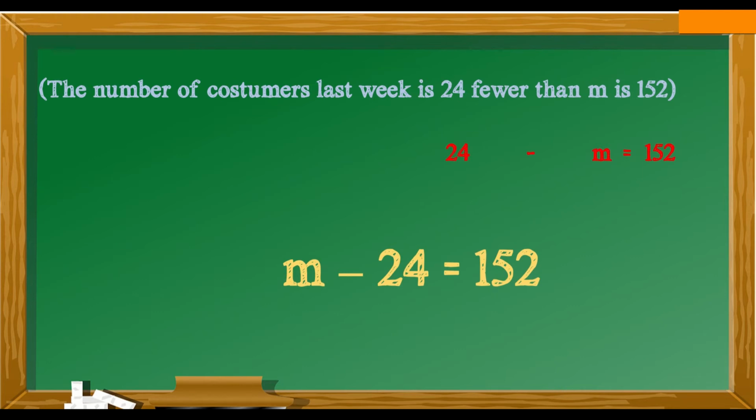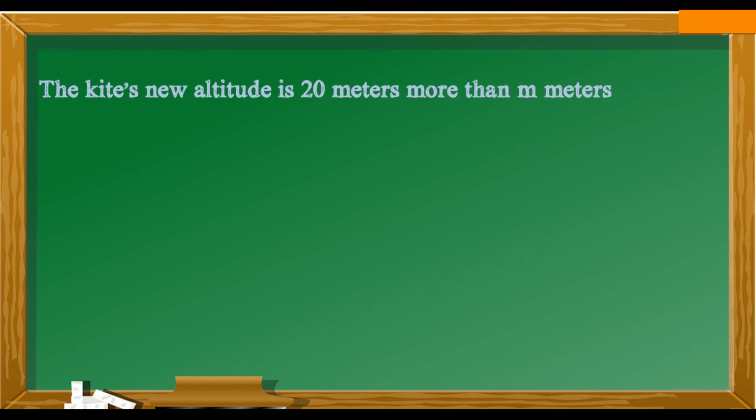Let us have another example. The kite's new altitude is 20 meters more than M meters. This is just a phrase. So we need to identify first the numbers, the keywords, and the variables in this phrase to translate this into algebraic expression.